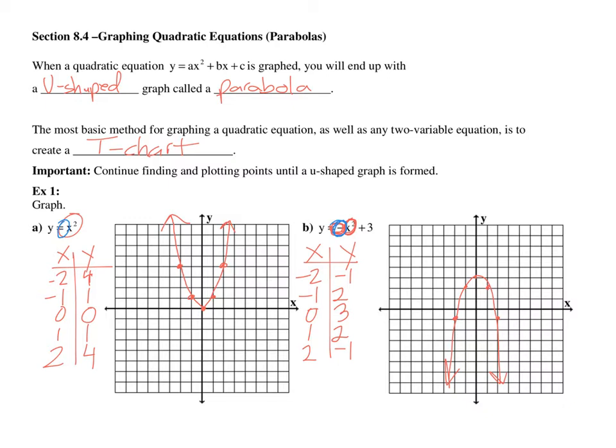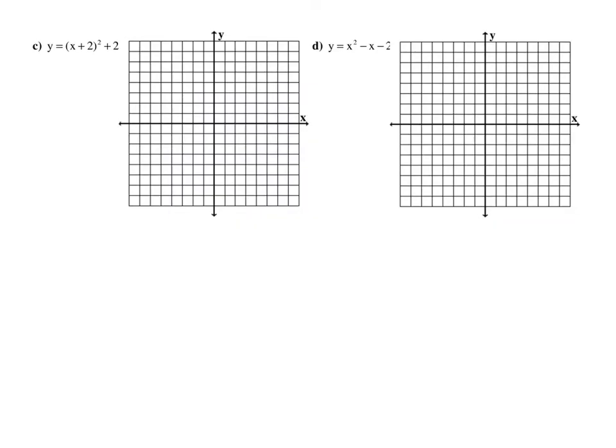Let's do a couple more examples. All right, here's my t-chart, x, y. I'm going to choose the same values again. Plugging in -2 in here, I get -2 plus 2, which is 0. 0 squared is 0, plus 2, that gives me 2.